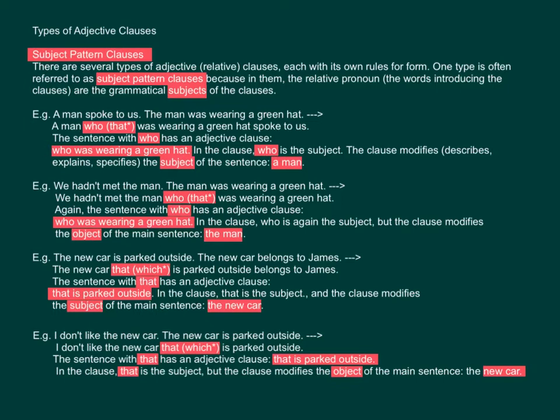The man was wearing a green hat. Implies a man who or that was wearing a green hat spoke to us. The sentence with who has an adjective clause, who was wearing a green hat. In the clause, who is the subject, and the clause modifies, describes, explains, specifies the subject of the sentence, a man.